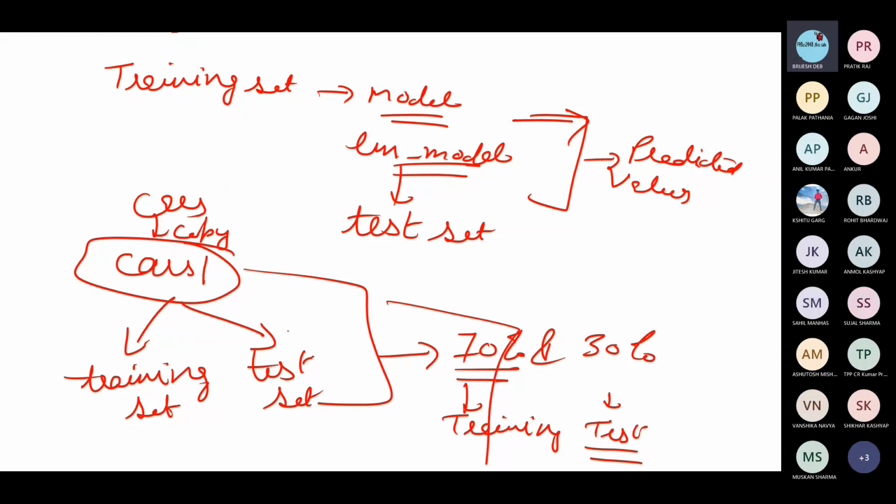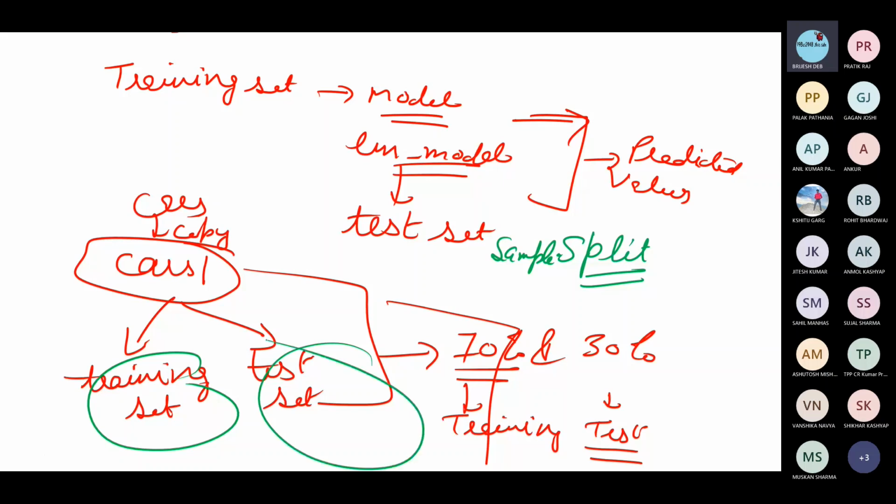To do this type of division, we will use another built-in function, the split function, which is sample.split. The sample.split function will be used to split the dataset into two parts, the training set as well as the test set. And for doing this, one more thing we will be doing is giving the seed value.